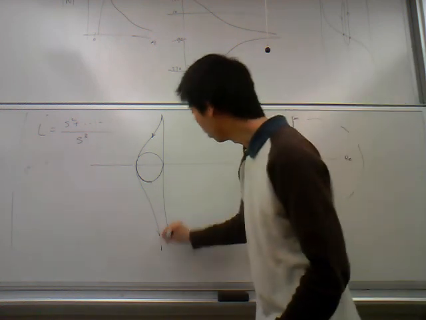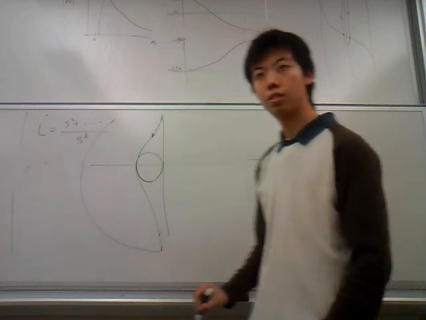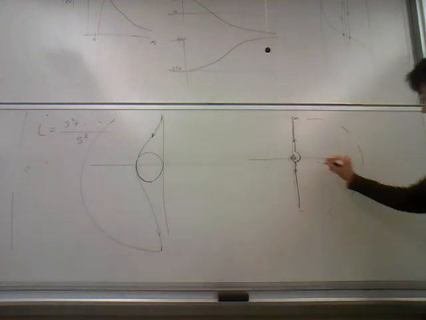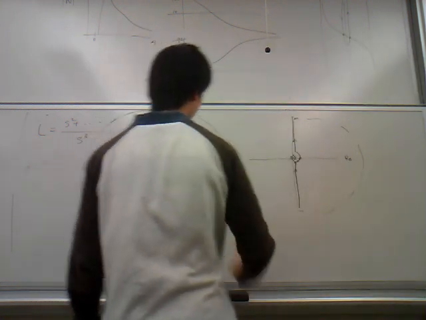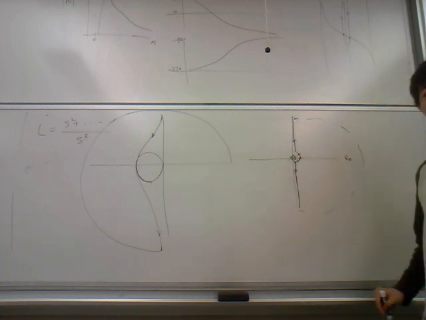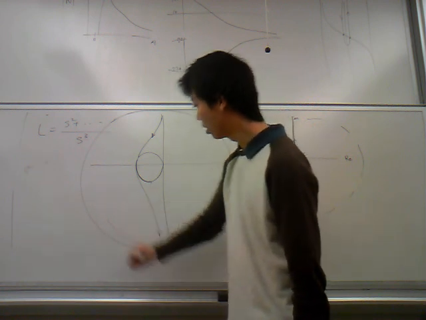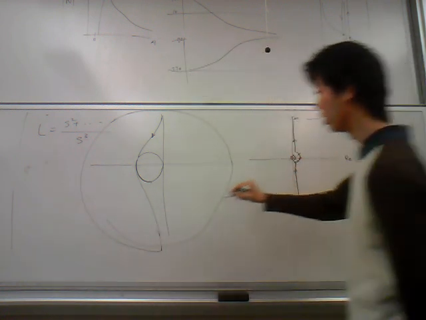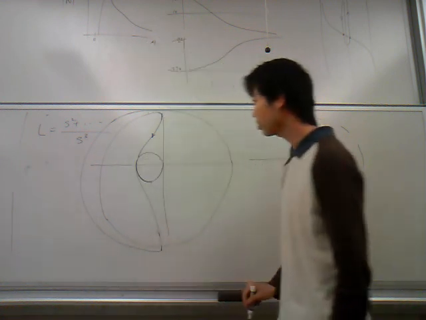So when we're out at infinity, we're coming over to here. Here we got 0, so it goes to 0. Here we're at negative 135 degrees. So that's that. And finally, we're at here. Okay.